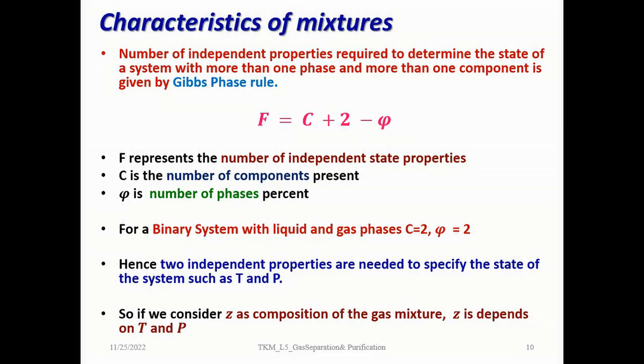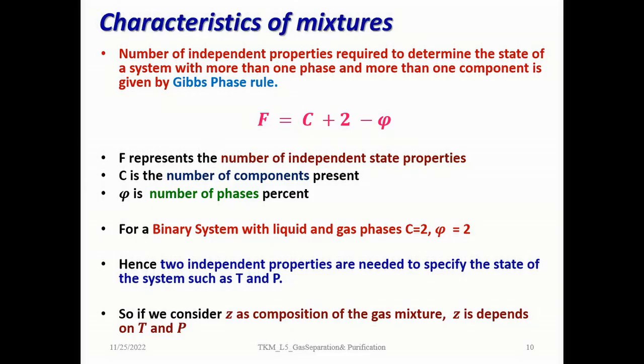So F is equal to C plus 2 minus phi, that is 2 plus 2 minus 2, which is equal to 2. That means two independent properties are needed to specify the state of the system.